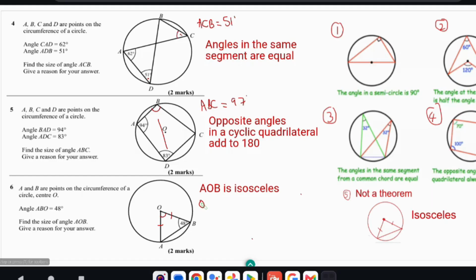So OAB is 48 degrees. Angles in a triangle add to 180. So 180 take away 2 lots of 48 is 84.